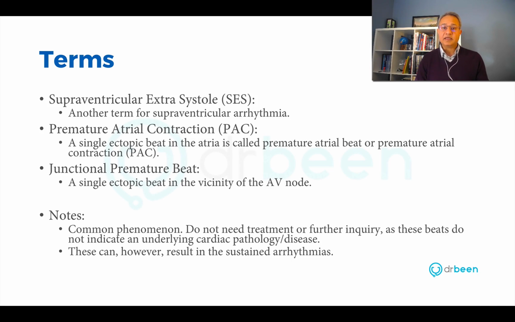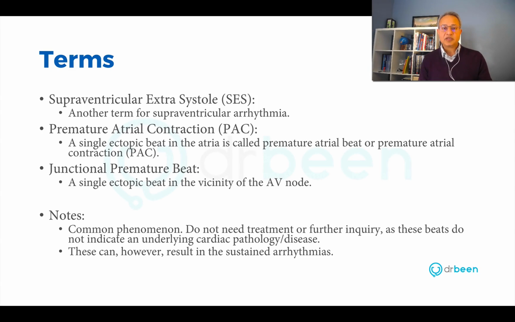Now, these extrasystoles are of two types: atrial premature contraction and junctional premature beat. Both are actually coming from atria, but the difference is if the premature beat is appearing somewhere in the atrial tissue other than the AV node and SA node, then it is atrial premature beat.